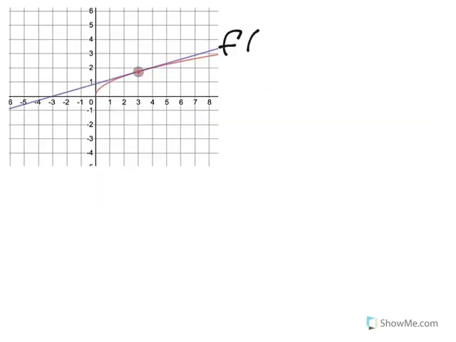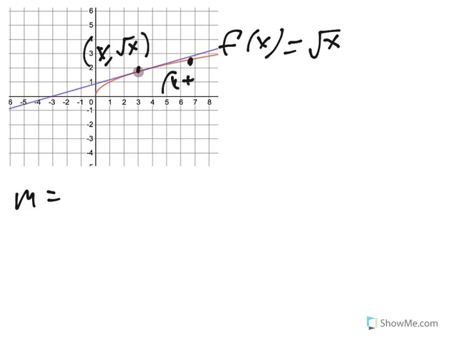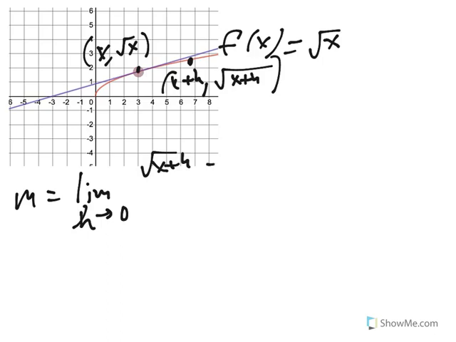Here I have the function f of x equals square root of x. Here's the point x comma root x. Here's the other point, x plus h comma root x plus h. The slope is the limit as h goes to 0 of root x plus h minus root x over x plus h minus x.